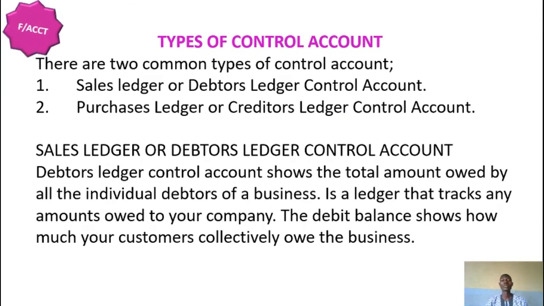Now, we have two types of control account, or two divisions of control account. The first one is sales ledger or debtors ledger control account, while the second one is purchases ledger or creditors ledger control account.